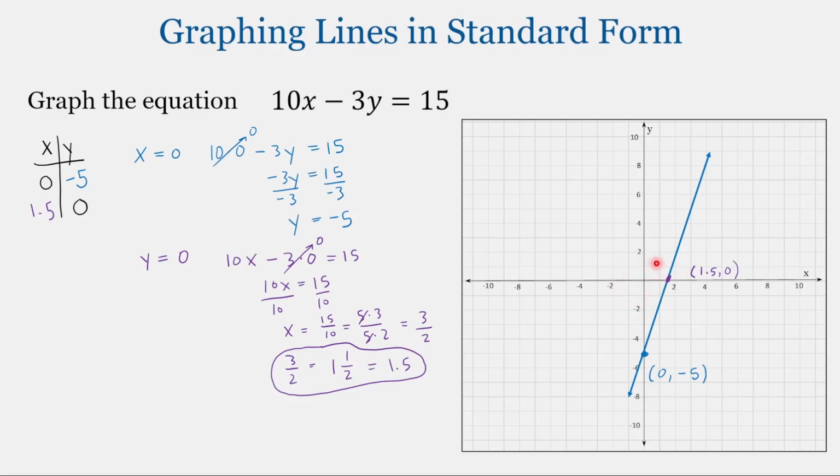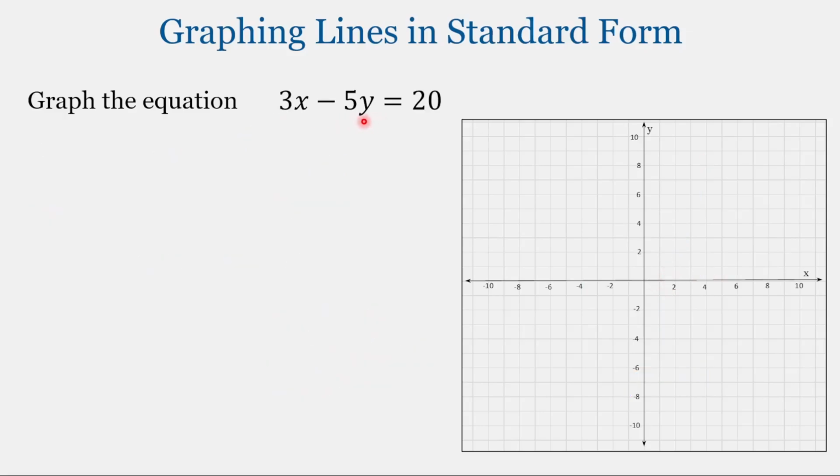But for this example, the graph was provided for me and I couldn't modify it. Now this method is okay because although one of our intercepts was not an integer, it did have a denominator of 2. And it's not very hard to find the halfway point between 2 grid lines.